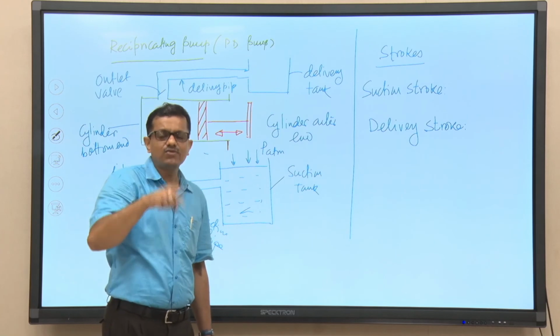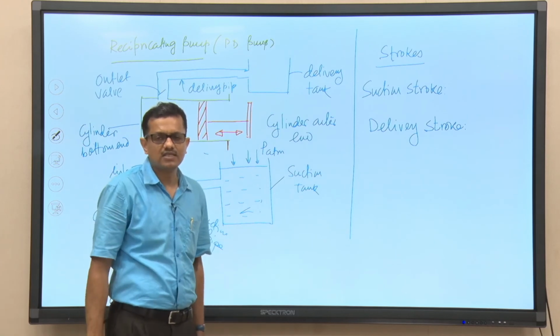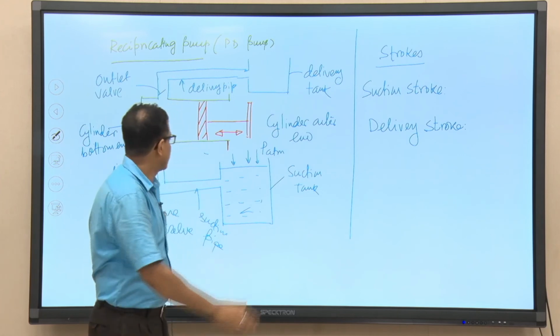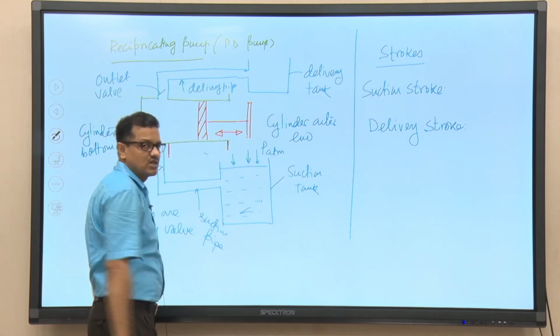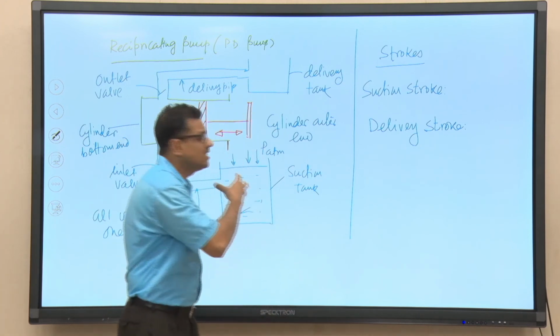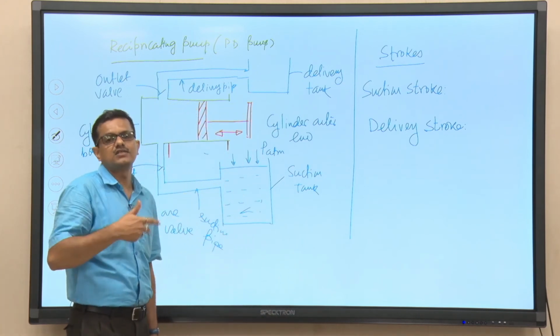Now, when the crank is rotated at a speed omega, depending on the speed of the crank rotation, we can tune the reciprocating motion of the piston, which in turn will help us alter the amount of volume that will be discharged by the pump.